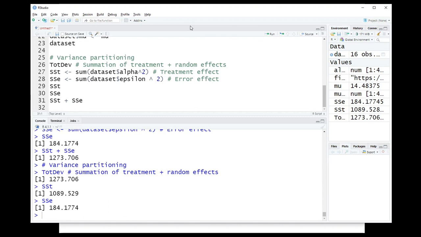And the other one only relates to random effects. That is the reason why the observations belonging to the same treatments are not equal to each other. Because if there were no random effects, we should observe the same weight for all the subjects, the pots, treated with the same herbicide.